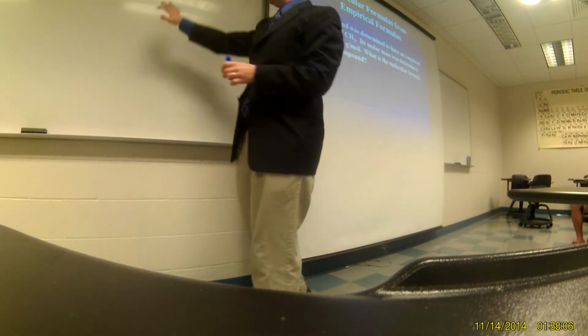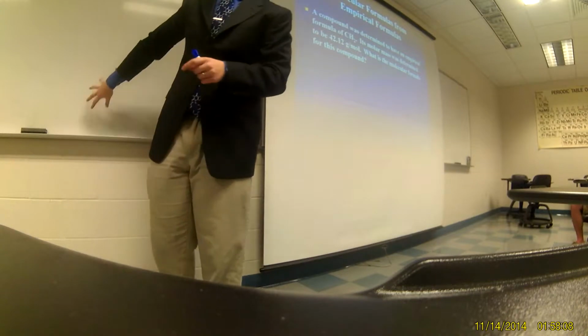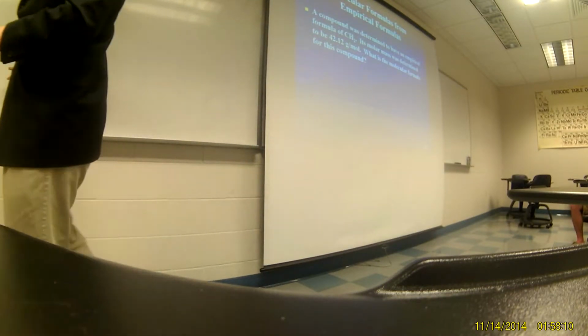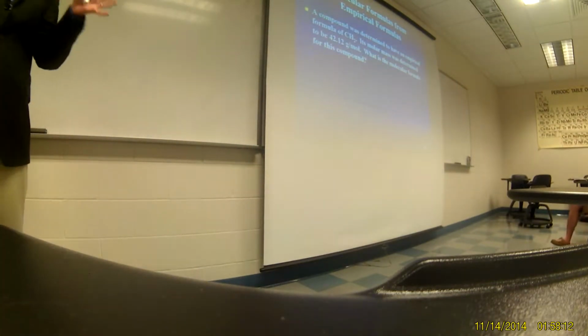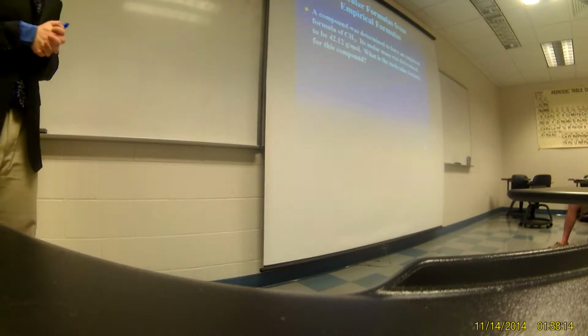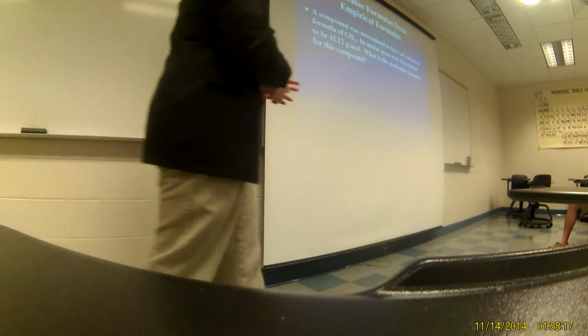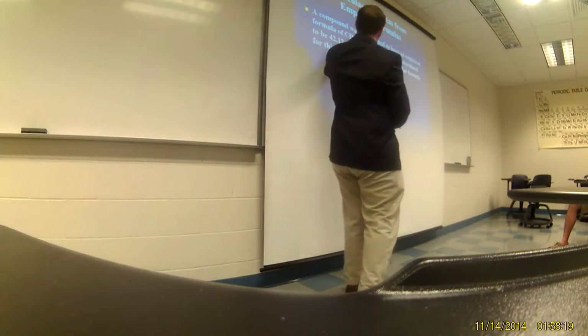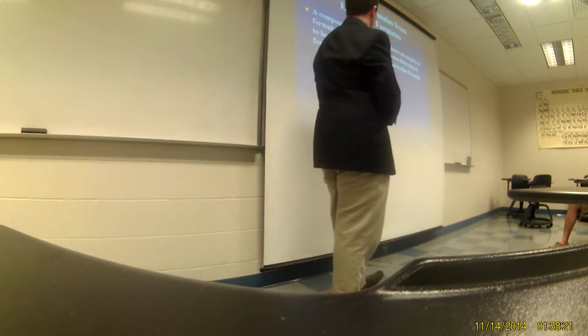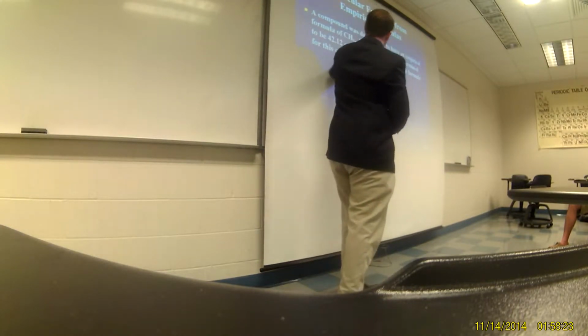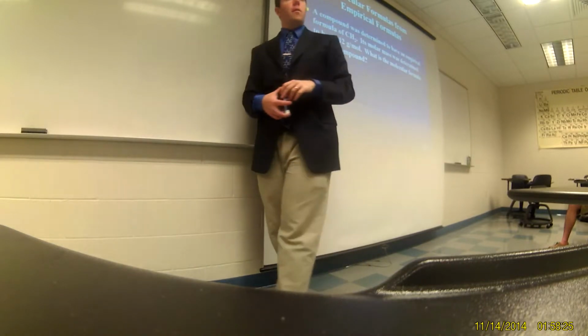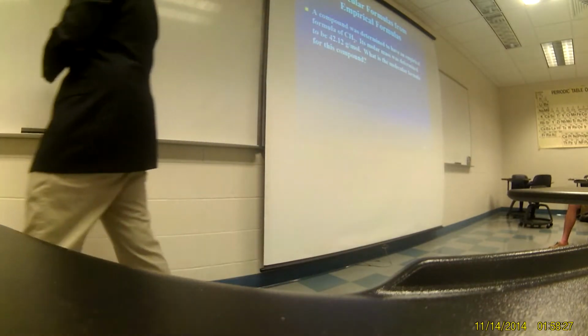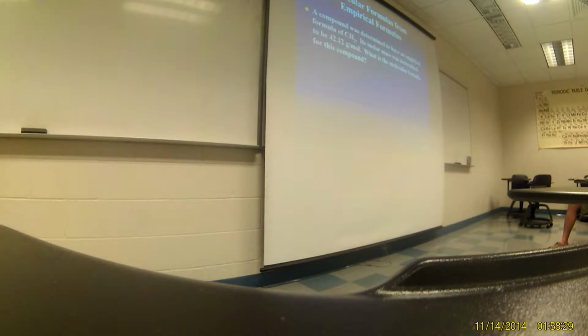So imagine we did this whole process and we found our empirical formula was CH2. That's really the only part we needed, was the formula at the end. We know that the molar mass is 42.12 grams per mole. What is the molecular formula? So we said we needed to take the experimental and divide it by the empirical.